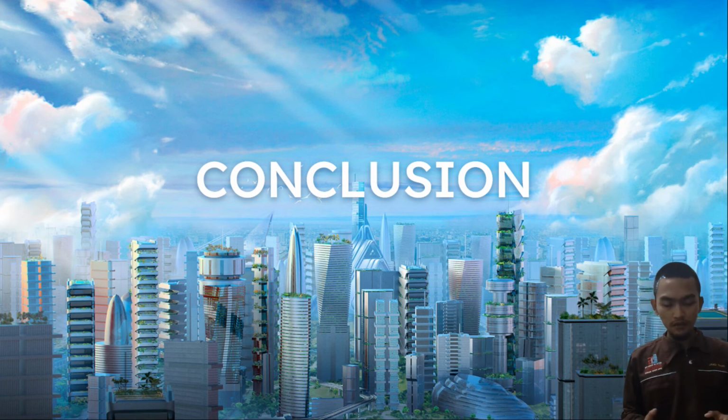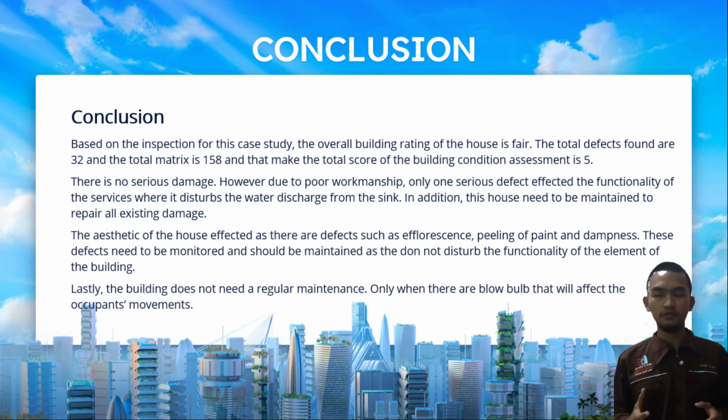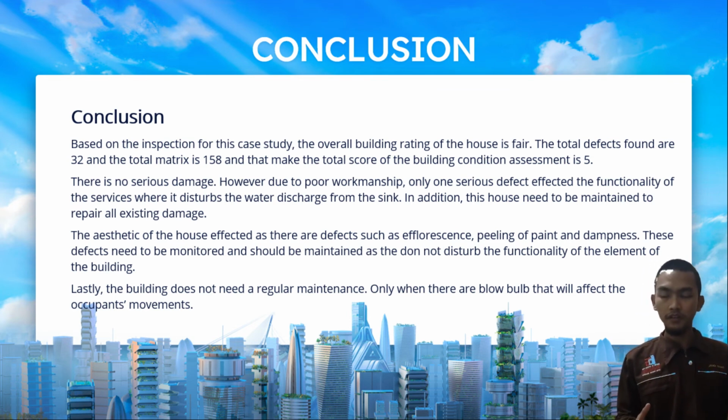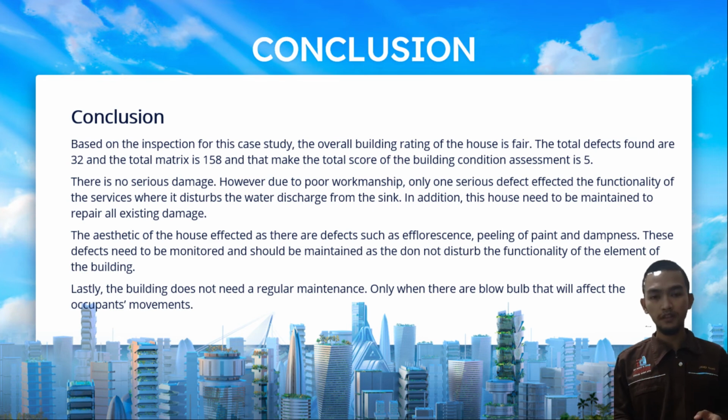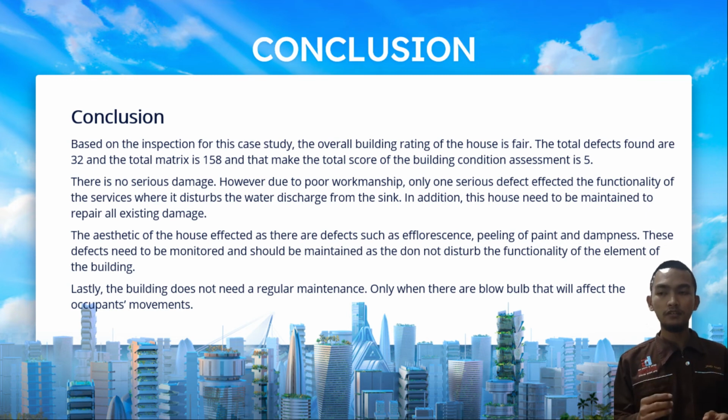Alright, for the conclusion, based on our inspection of this house, the overall building rating of this building is fair. This is because the total defects that we found is 32 and the total metric is 158.